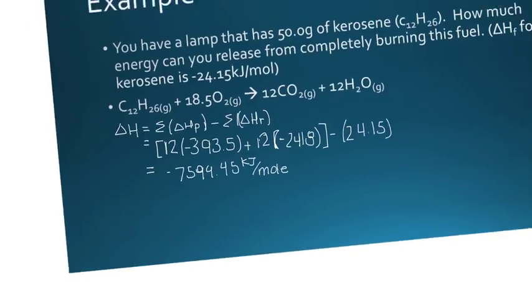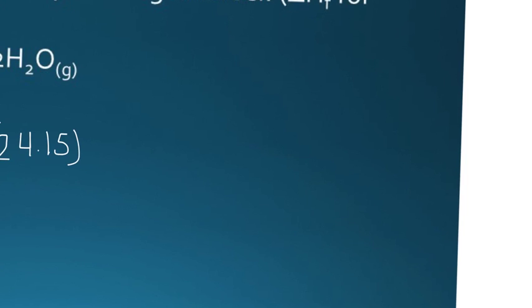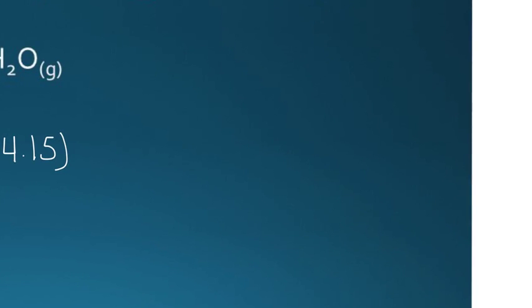Now I need to figure out how many moles of kerosene I have. If we remember back to our stoichiometry and our molar mass unit, to figure out moles, we multiply grams by 1 mole over molar mass. So I need to figure out my molar mass of kerosene, which is C12H26.